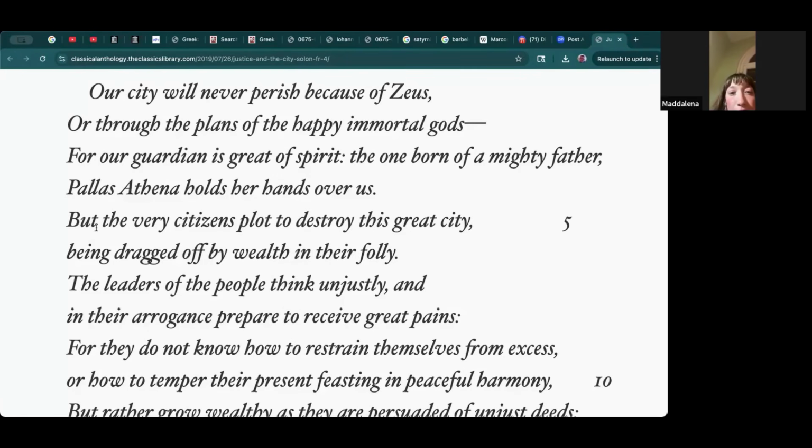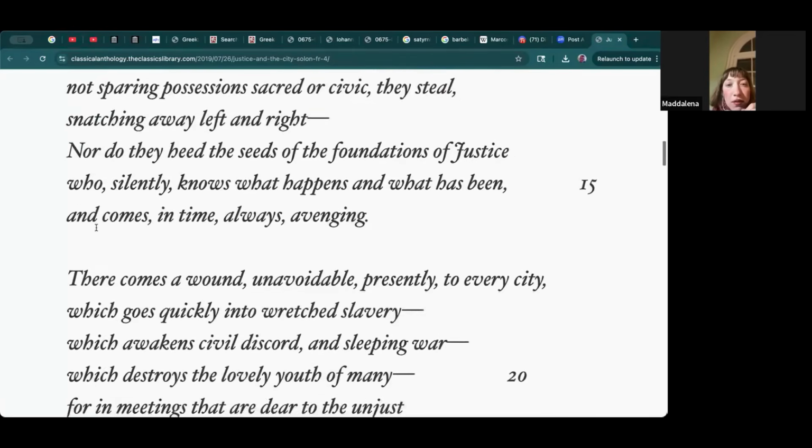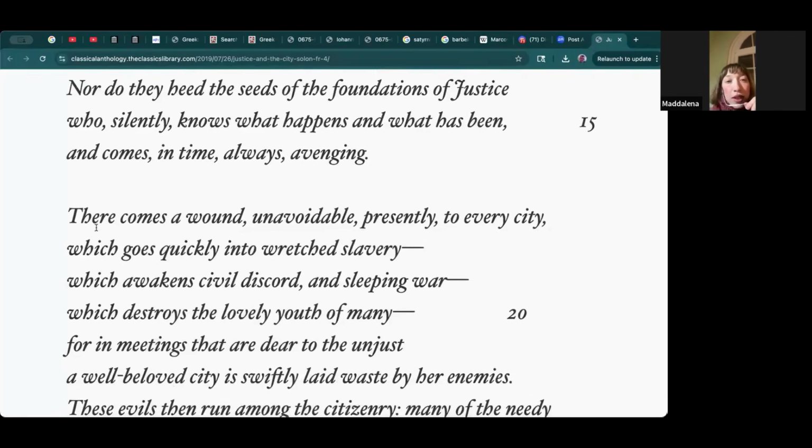The leaders of the people think unjustly and, in their arrogance, prepare to receive great pains, for they do not know how to restrain themselves from excess or how to temper the present feasting and peaceful harmony, but rather grow wealthy as they are persuaded of unjust deeds. Not sparing possessions, sacred or civic, they steal, snatching away left and right, nor do they heed the seeds of the foundations of justice, who silently knows what happens and what has been and comes in time, always avenging.